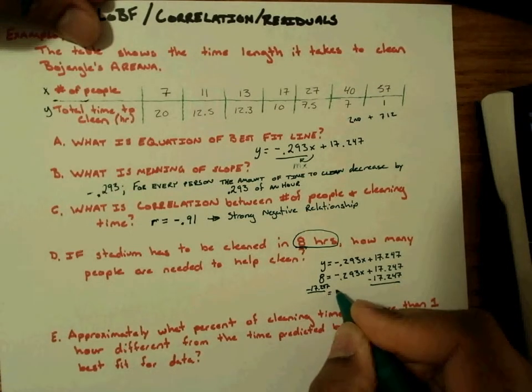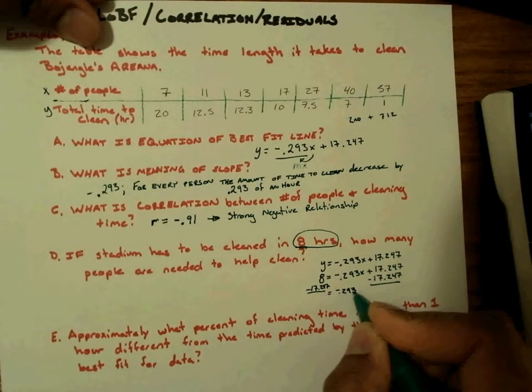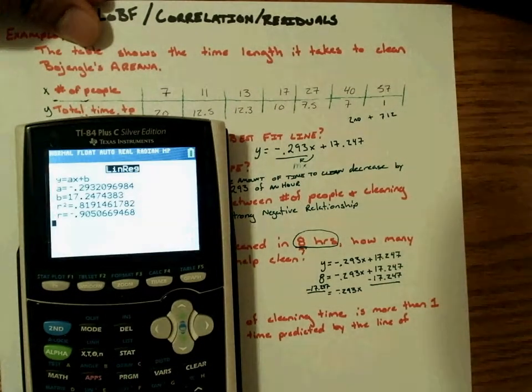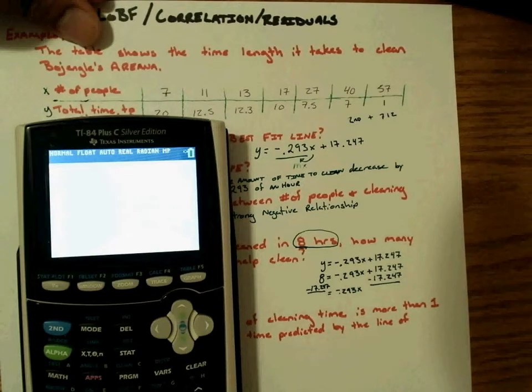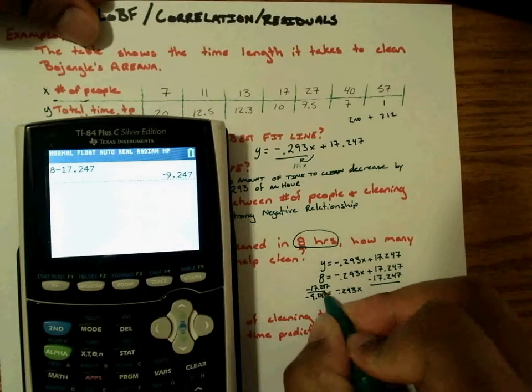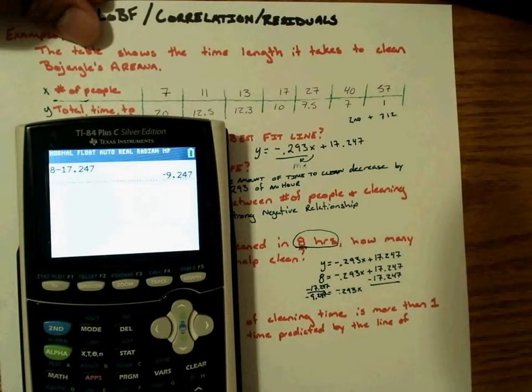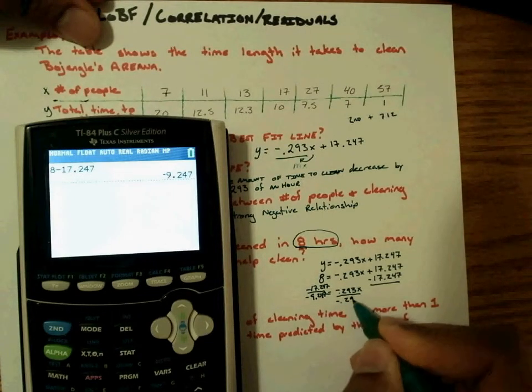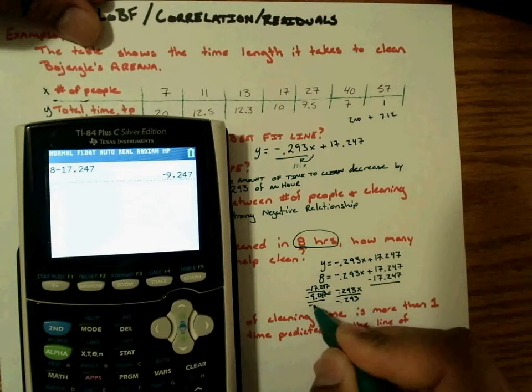And so on this side is the easy side. All we have left is negative 0.293x. I'm going to pull out my calculator, and let's subtract 8 minus 17.247, and we get negative 9.247, and then we'll divide everything by negative 0.293.